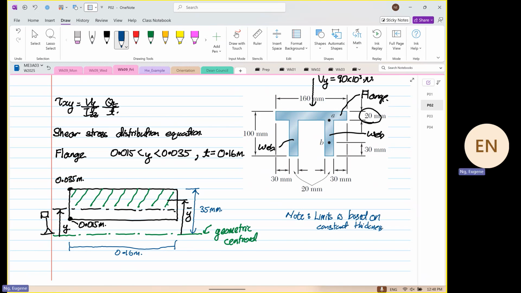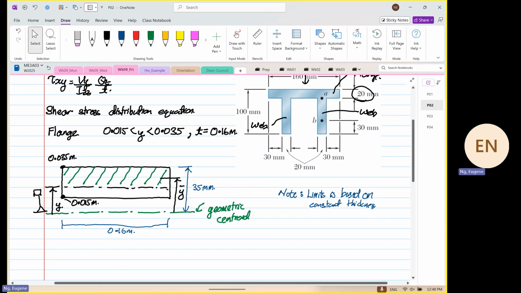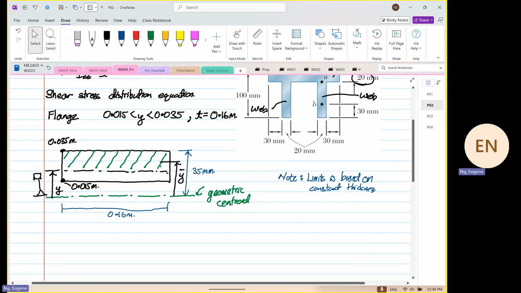Thickness, right? It cannot go lower. If I go lower, then we go into the what? The web, and the web section, the thickness what? Changes. Yes or no? So we have to formulate based on the limits is based on the thickness of the beam. Okay.